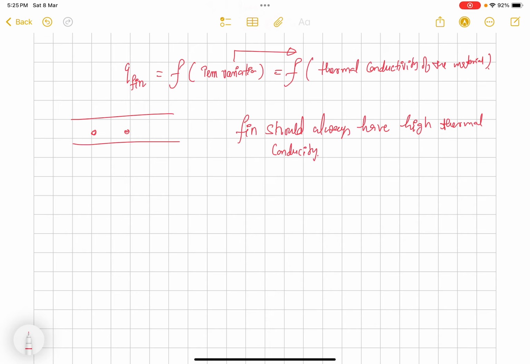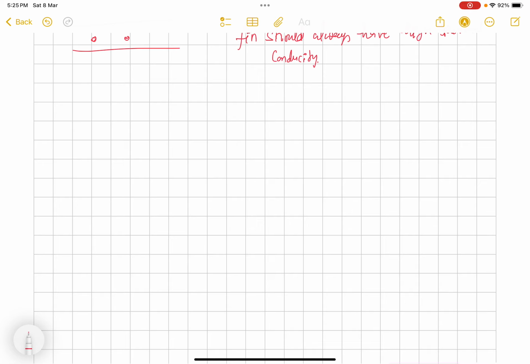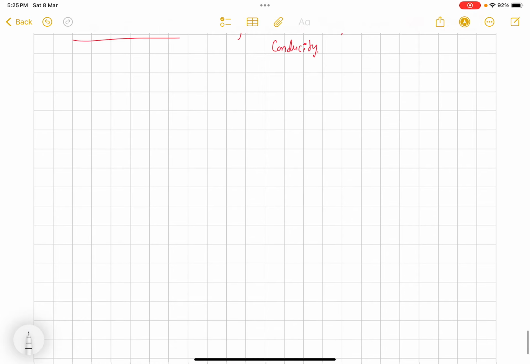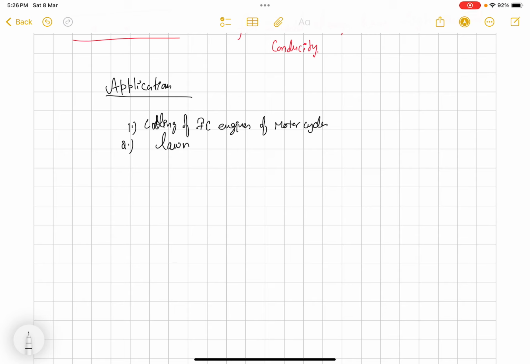Okay, so there are different applications of fins which are used in industry, like cooling of IC engines of motorcycles, and lawn mowers, and for cooling the electronic components inside the CPU.